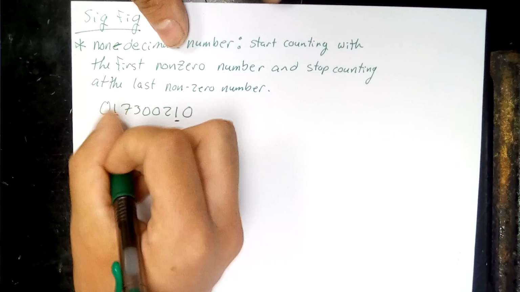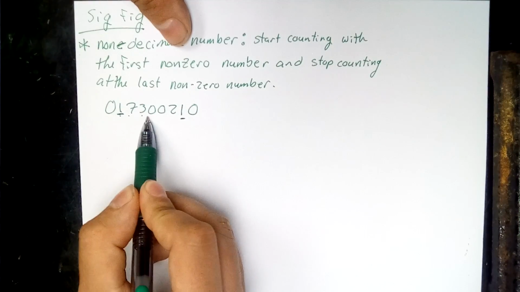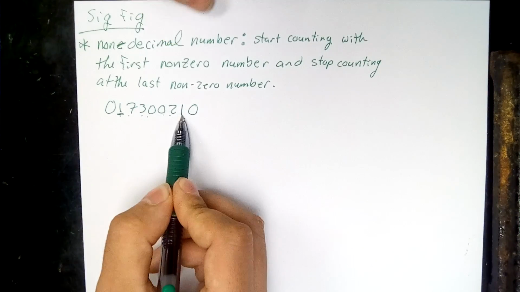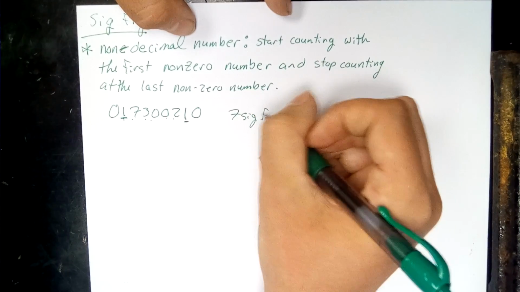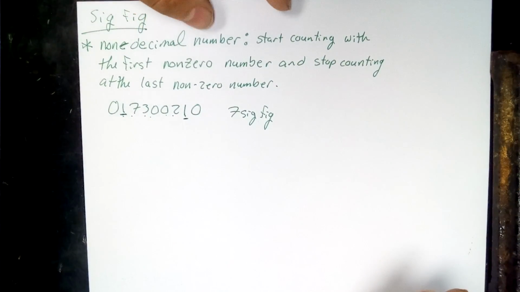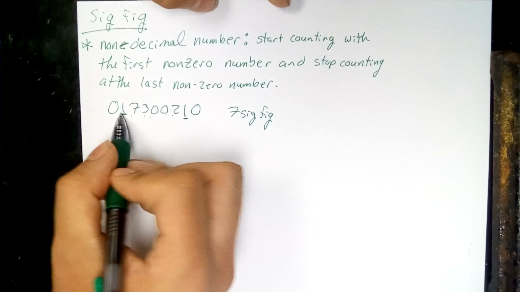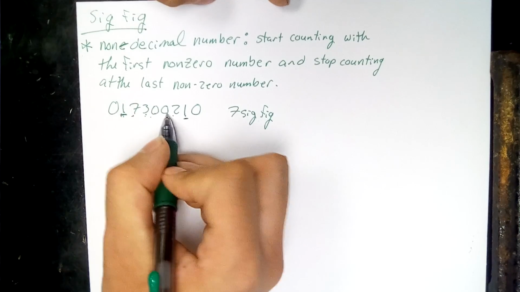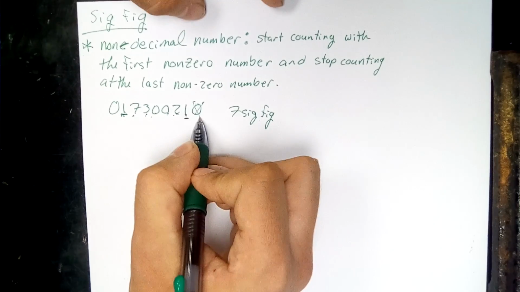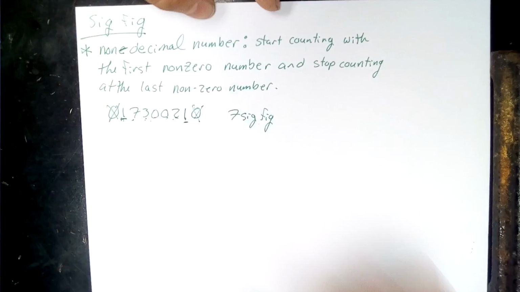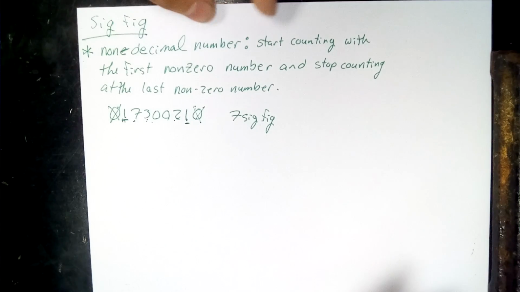So when we go through and count, we have 1, 2, 3, 4, 5, 6, 7. So this has 7 significant figures, or 7 sig figs. So the 1 is significant, the 7, the 3, both zeros, the 2, and the 1. This 0 here is not significant, and this 0 here is not significant.